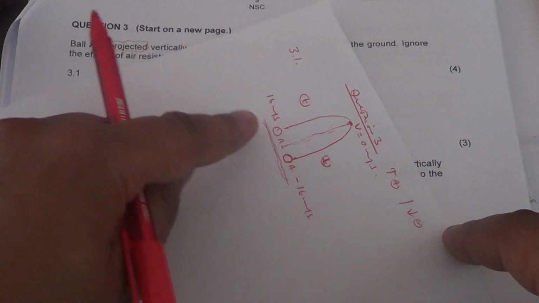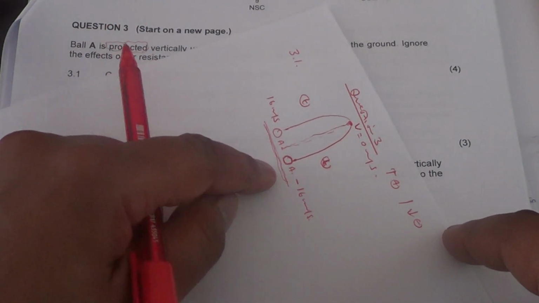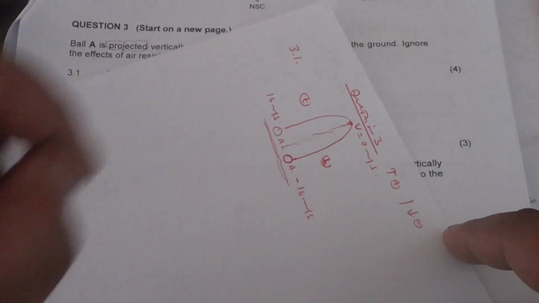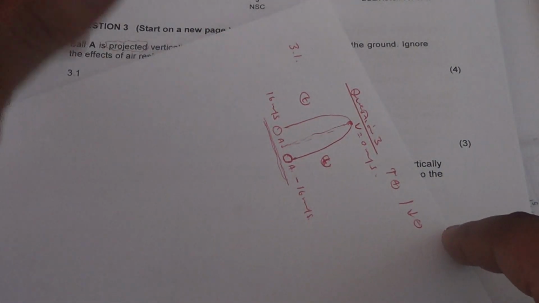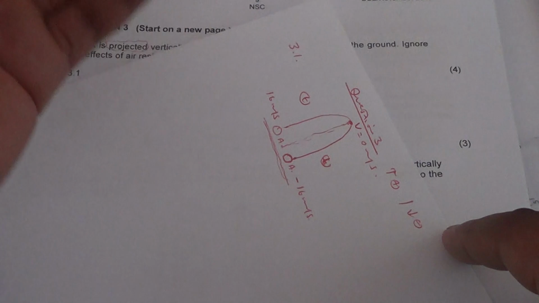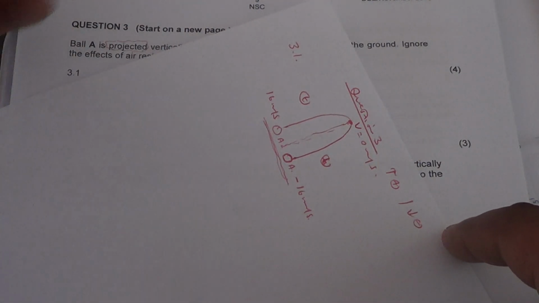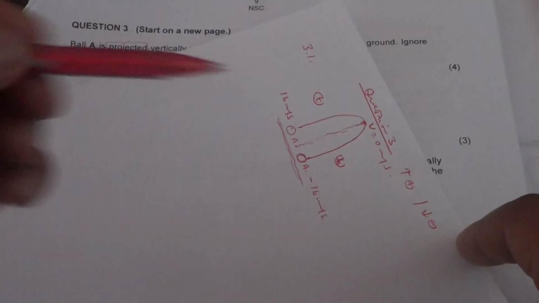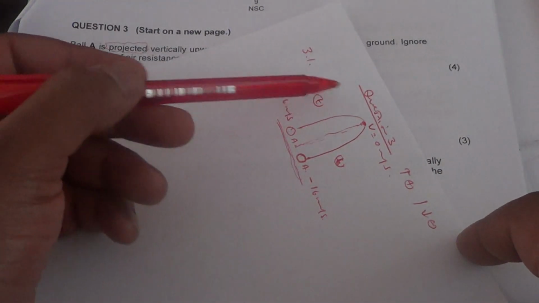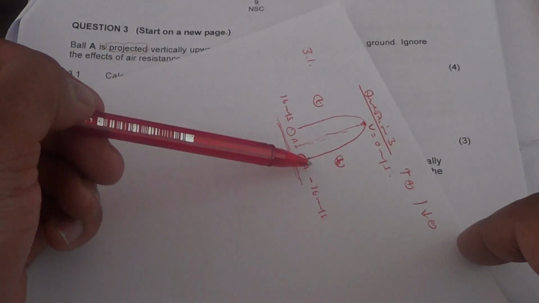But thankfully here, this one was not thrown at a height, but from the ground, so it is just nice. So we have 2 options here. We don't know the time that it took, and that's what we want. So we want the total time, or we can calculate half of the time and multiply it by 2.